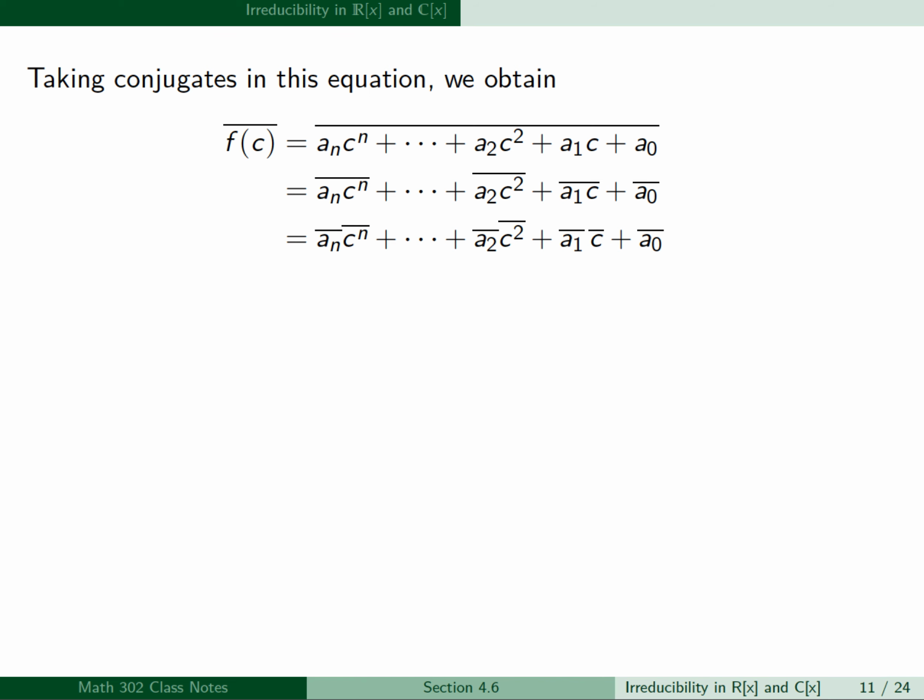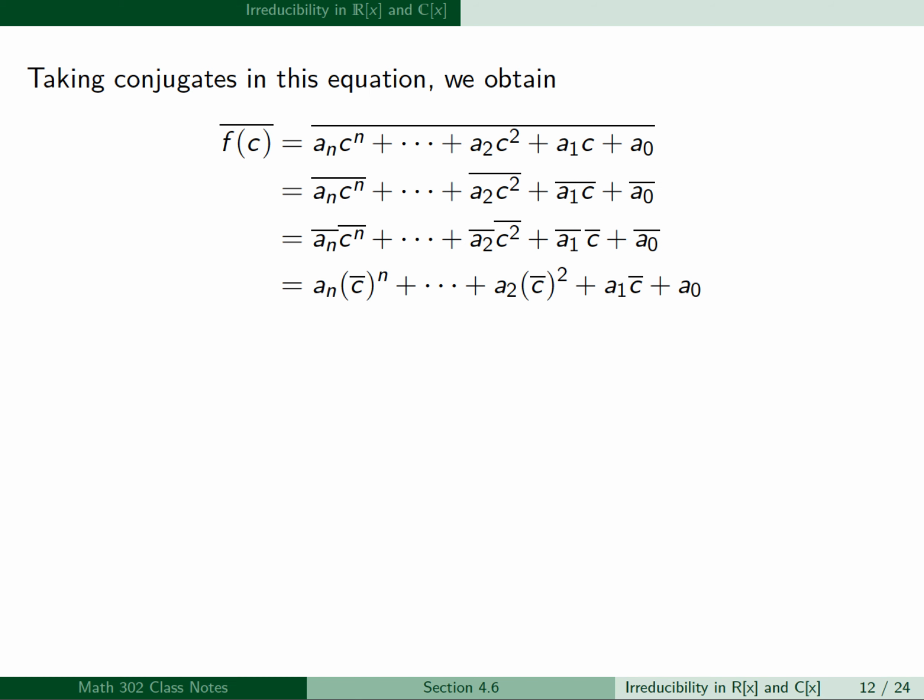And again, using the fact that the conjugate of a power is the power of the conjugate, this will be a_n c bar^n + ... + a_2 c bar^2 + a_1 c bar + a_0.